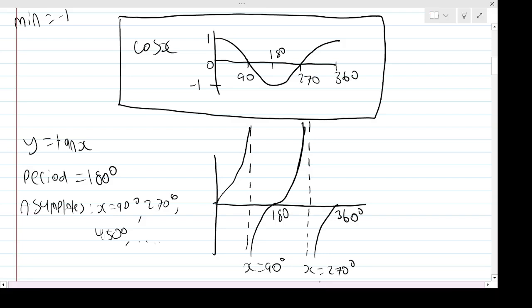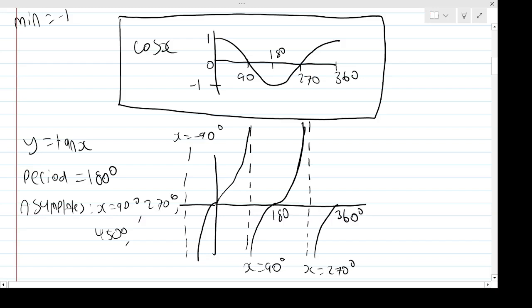Right, so if we continue this graph down here, the asymptote there would then be x is minus 90. Then we go from 90 here, and the next asymptote would be 180 less than that. 90 take away 180 is minus 90. So again, the graph goes both ways, and so the asymptotes are found by adding or taking away 180 degrees from 90.